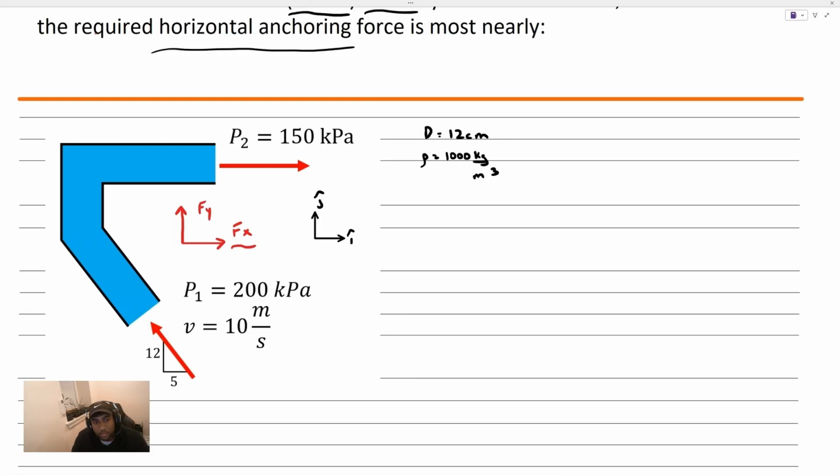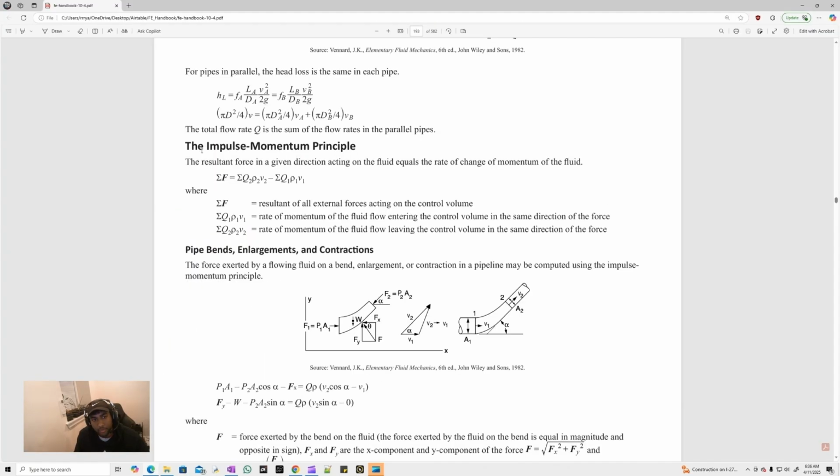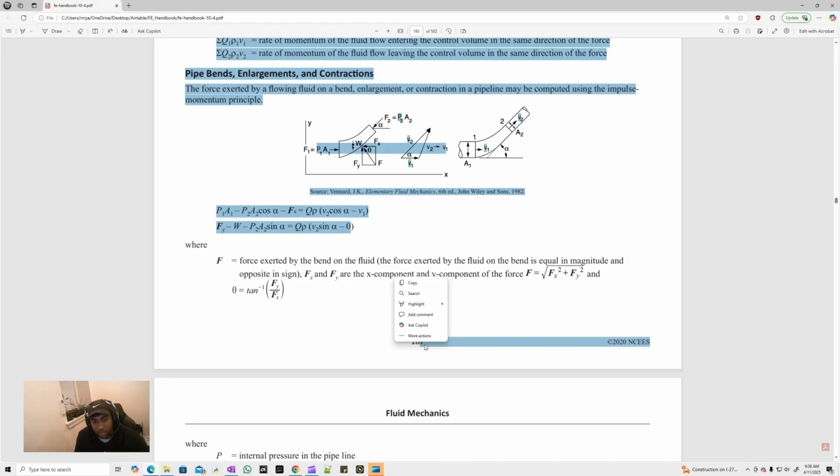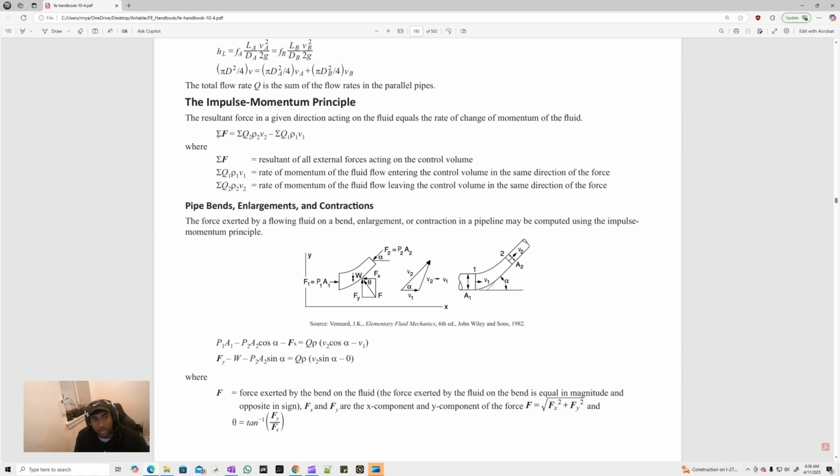Now, if you ever see a fluids problem where you have some pressures, some speeds, and you're looking for forces, you're going to be using the control volume method, the conservation of momentum. So if we go inside of the handbook, they have it labeled as the impulse momentum principle. What we see is that on page 187 of the reference manual, they say that the sum of the forces is equal to the difference between, these terms are referred to as the momentum flux.